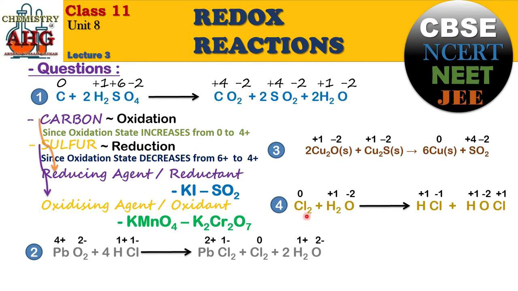So this is a special type of chemical reaction in which the same element has been oxidized as well as reduced. What you must remember, this type of chemical reaction in which the same element undergoes reduction as well as oxidation, this special type of redox reaction is known as disproportionation.